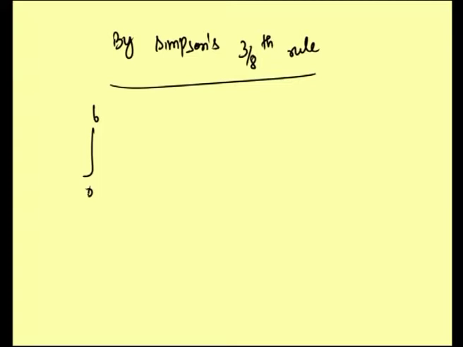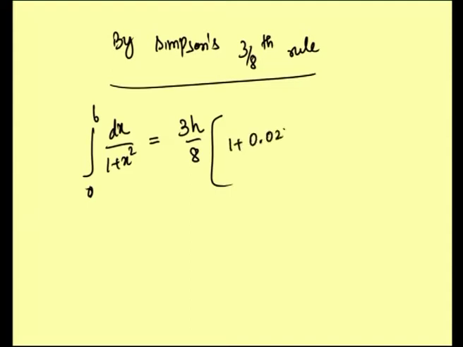So, multiple of 3 plus 1, therefore we can apply Simpson's 3/8 rule, and according to Simpson's 3/8 rule, it equals 3h by 8 into the sum of the first and last ordinate, 1 plus 0.027, plus 3 times the remaining except multiples of 3, plus 2 times multiple of 3.